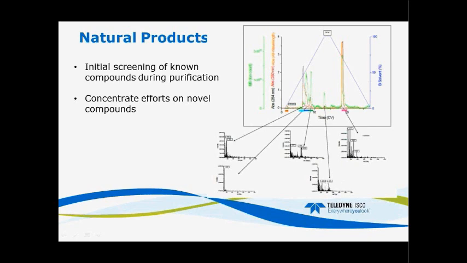By looking at the M+1 ion that is being displayed down below and some of the fragmentation that you see here, some compounds could be identified as known compounds. This allows the natural products person to focus on compounds exhibiting mass ions that are novel and not commonly known compounds.